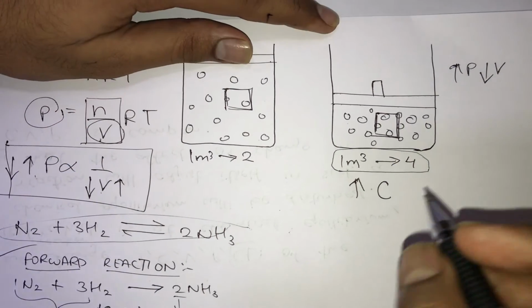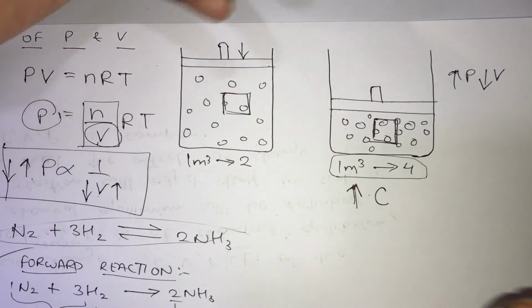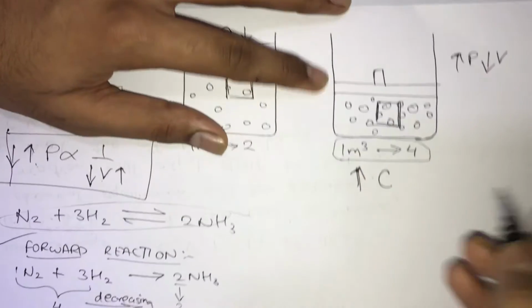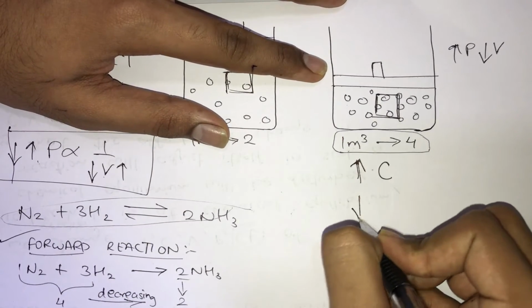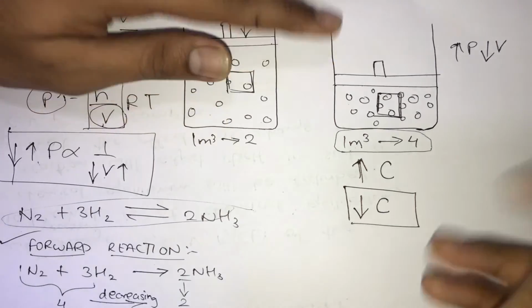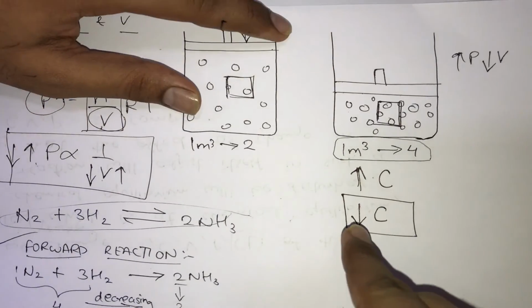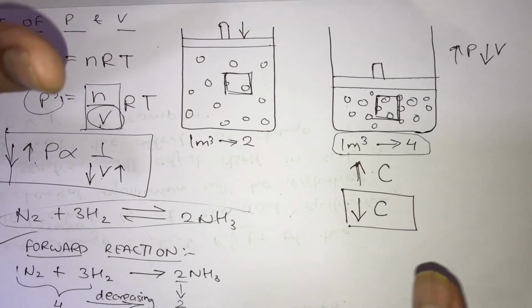So keeping this in mind that the concentration has increased, what will the reaction do now? The reaction will try to decrease the concentration. So if we are increasing the concentration, the reaction will try to decrease the concentration.